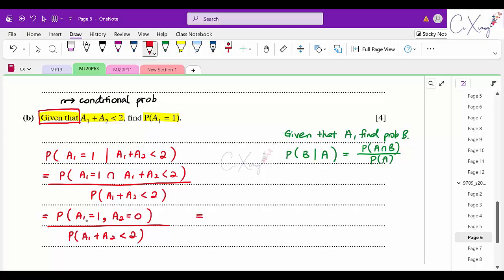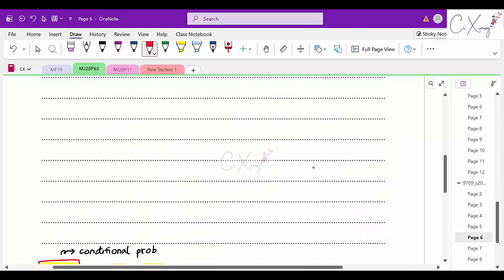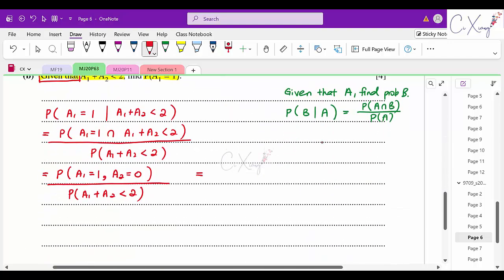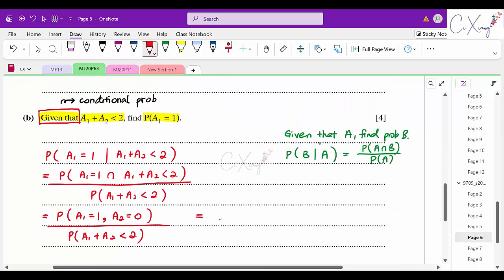Then let's calculate the probability here. How to get the probability for a1 equals to 1? Go back to the formula on top. So a1 equals to 1 will be e to the negative lambda, and the lambda here I'm using 1.5, not 3. Maybe you ask, why 1.5 but not 3?